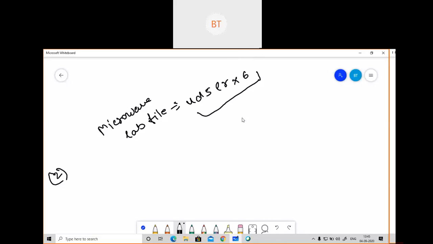So please write small u, small d, 5LRX6. This is the class code for the microwave lab.